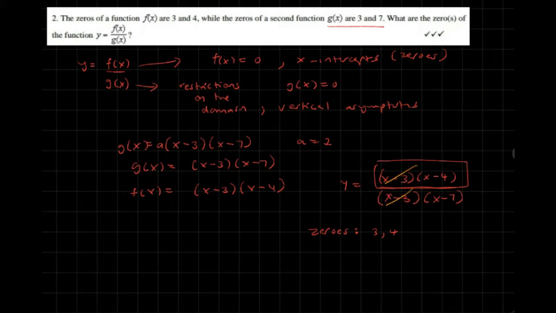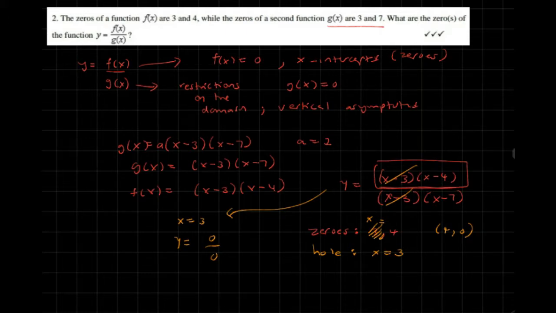When x is equal to 3, y is going to equal 0 over 0, because 3 minus 3 is 0, 0 times x minus 4 is 0, and the denominator will also be 0. So 3 would not be considered a zero. There should be a hole at x is equal to 3, and a zero at 4 when x is equal to 4. So the point here is 4 and 0.